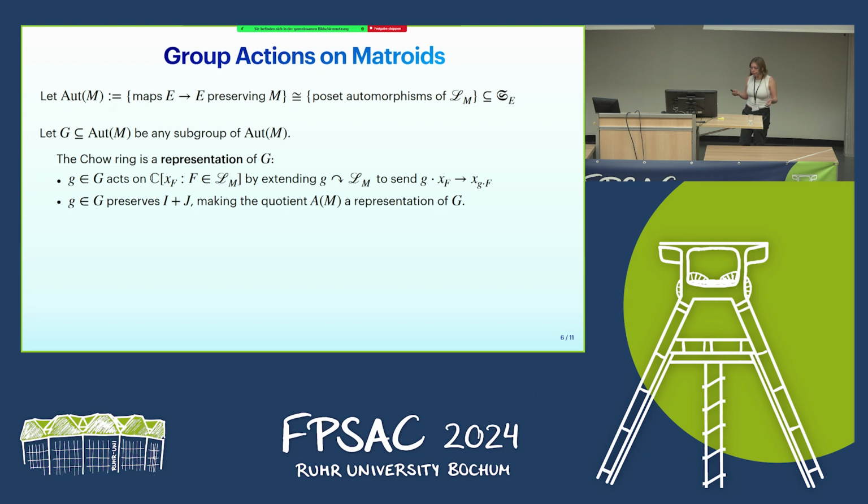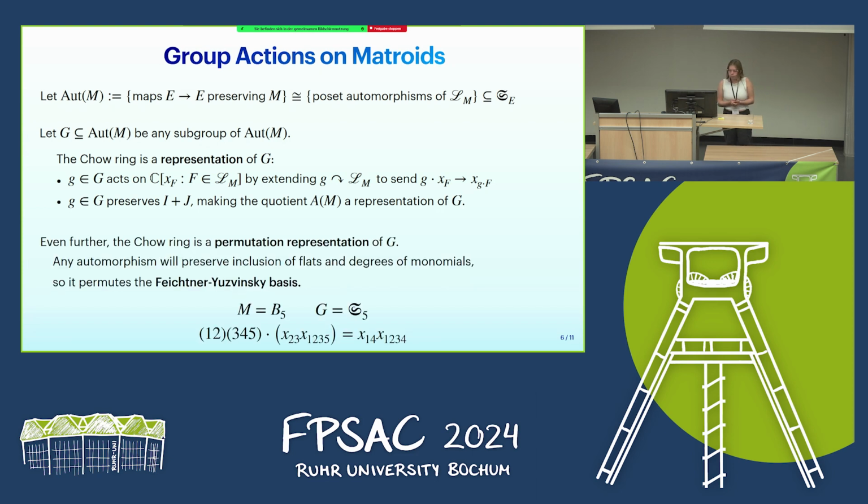Any poset automorphism must preserve rank, and it must preserve containment, so it will preserve my two ideals, making the Chow ring a representation. Even more, these nice qualities that an automorphism must have will also preserve the basis, since the basis is only defined by the rank and containment.